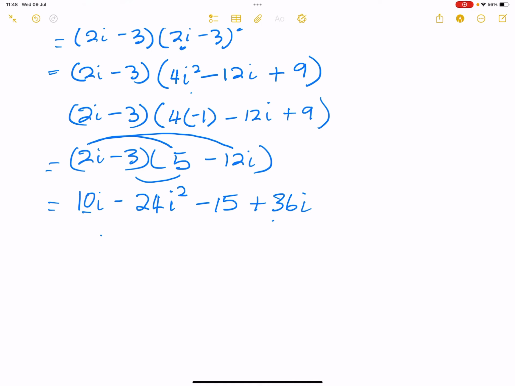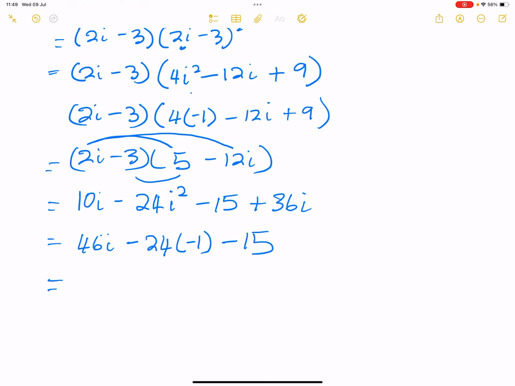All right, so let's add those two. 10i plus 36i gives us 46i. And that's minus 24 times i squared. i squared is negative 1. And this is minus 15.